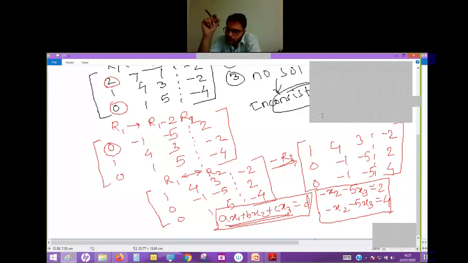Now can you please tell me what we mean by the coefficients being the same for the variables? By that we mean that the coefficients along with the variables are the same on the LHS, and the equal-to term, meaning the RHS term, is different.